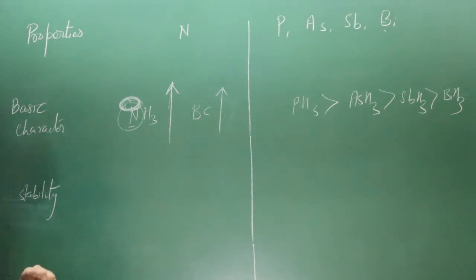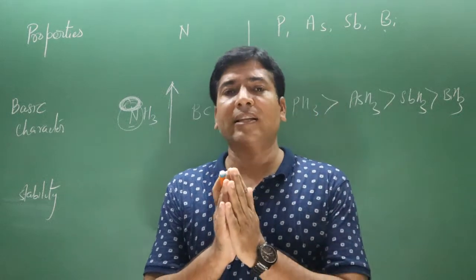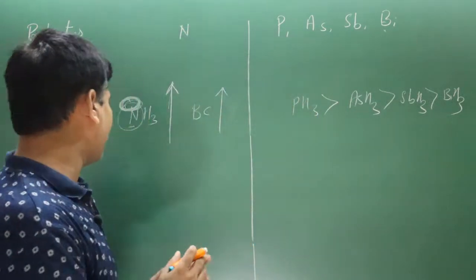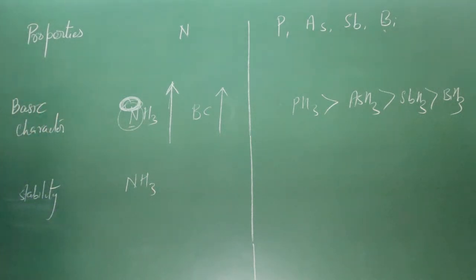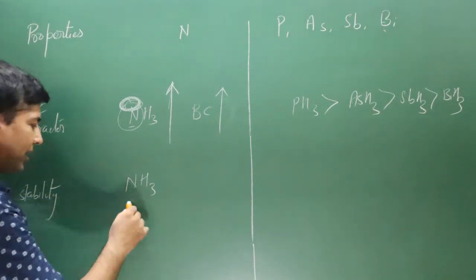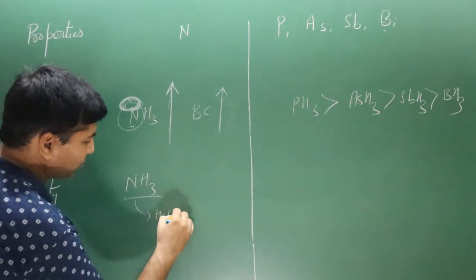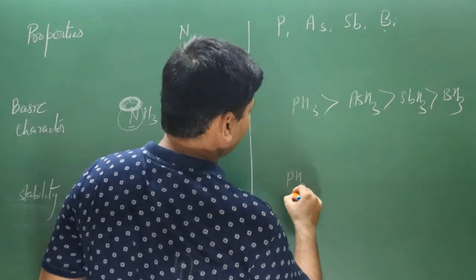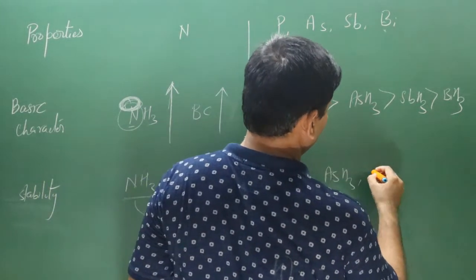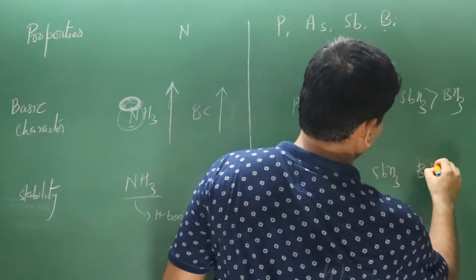If we talk about the stability of hydrides, look at the ammonia molecule, the hydride of nitrogen. NH3 has hydrogen bonding present. The rest of the elements do not have hydrogen bonding.